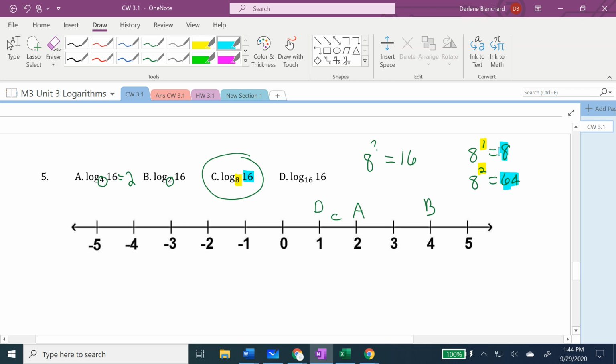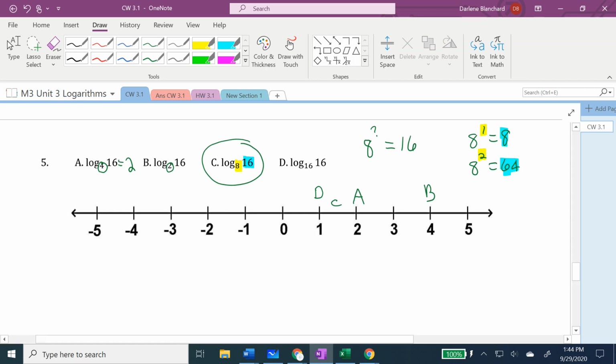You want to find an answer that is smaller and an answer that is bigger based on consecutive integers being put in as exponents. And that's what's going to get you through the rest of the problems.